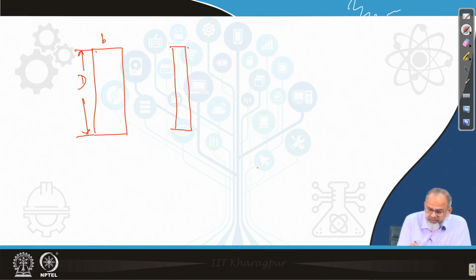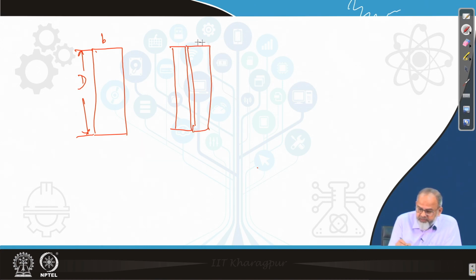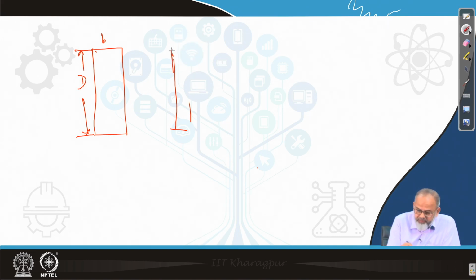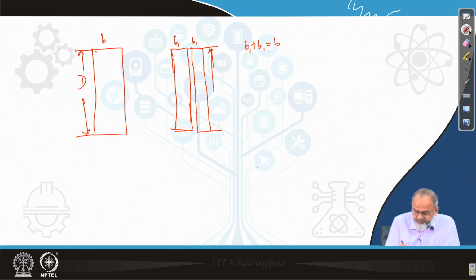So, obviously, their dimension will change. So, this is B1, this is B1. So, summation of B1 plus B1 should be equal to B, and diameter will remain same.